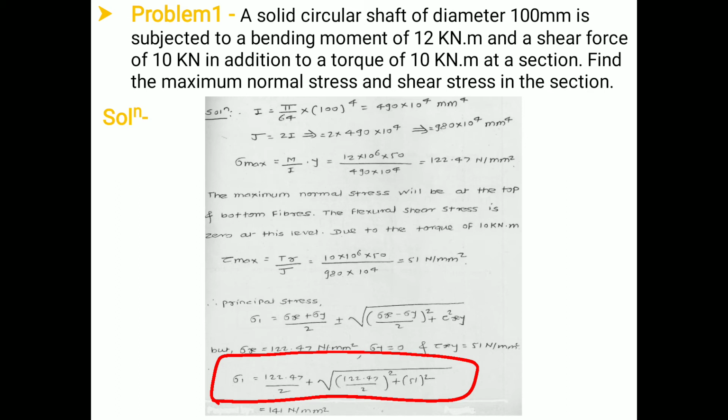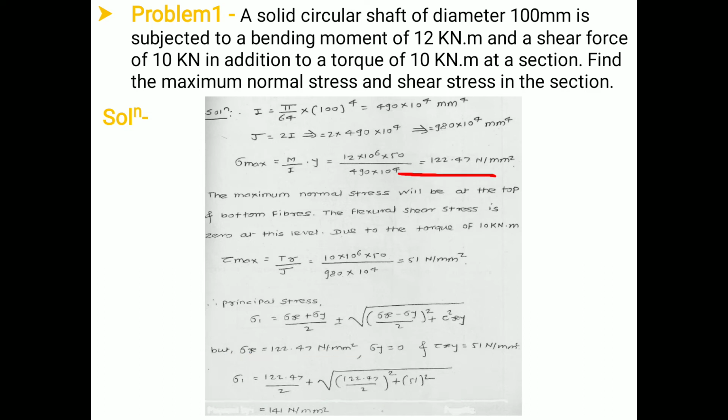Okay, therefore sigma 1 is equal to sigma maximum divided by 2, that is 122.47 divided by 2 plus under root of (122.47 divided by 2) bracket square plus the value of tau which we have found is 51, so it will become 51 square.